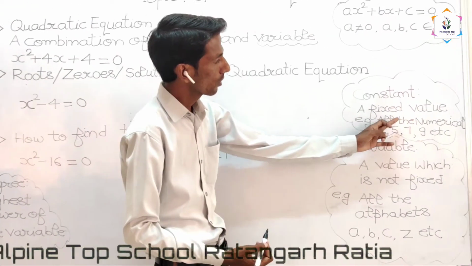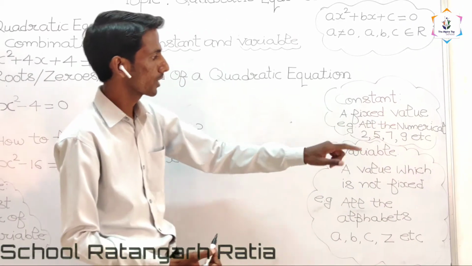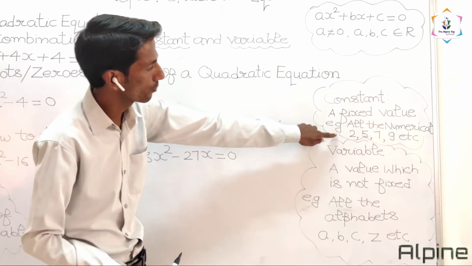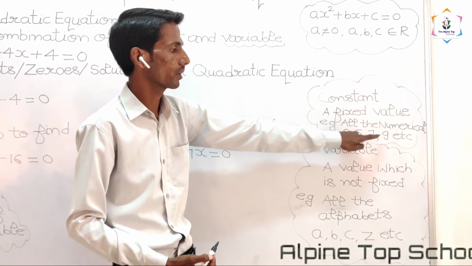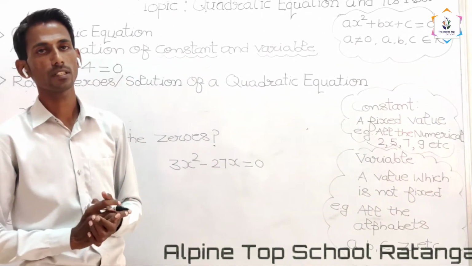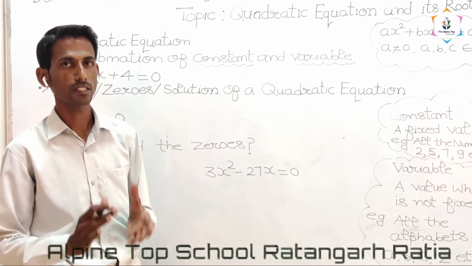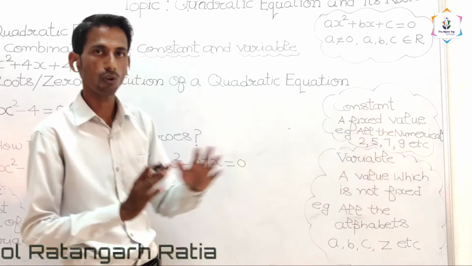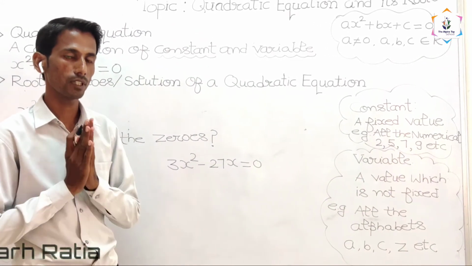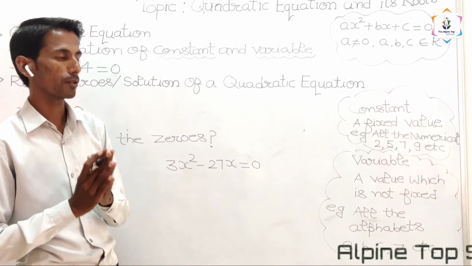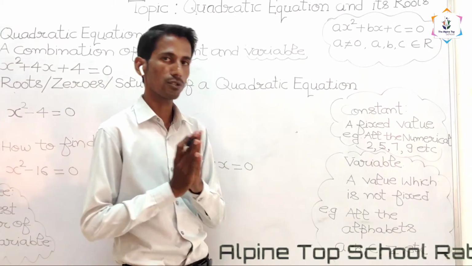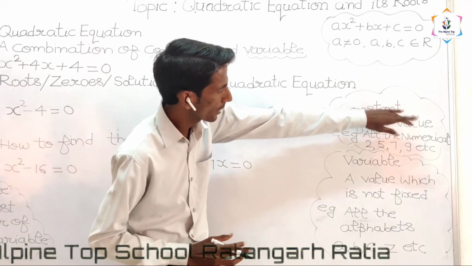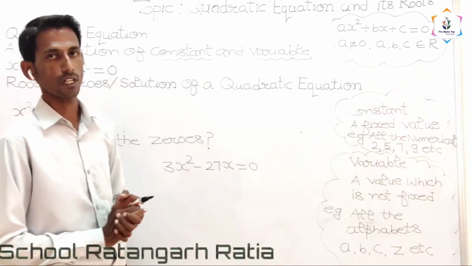All the numericals are examples, so you can say 2, 5, 7, 9 are all known as constants, because the value of these numericals is always fixed. Suppose you have a 5 rupees note, it has the value 5, that is fixed.